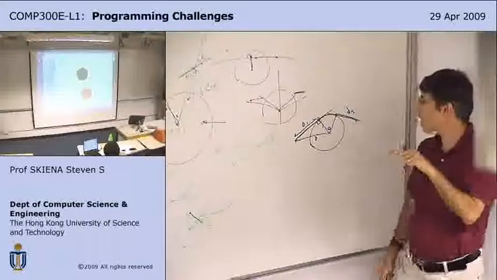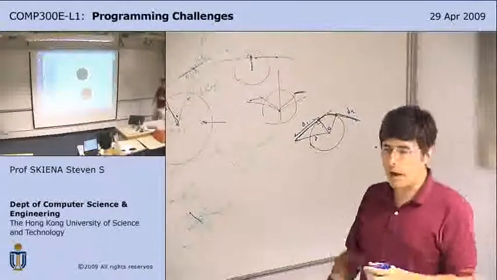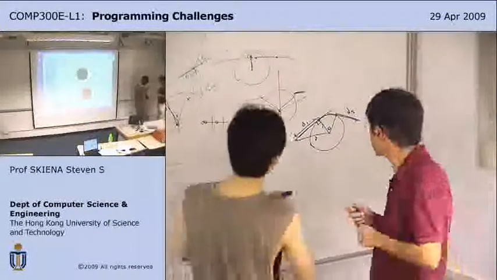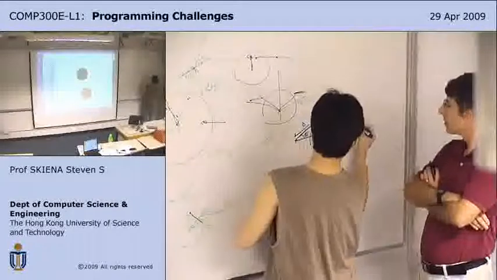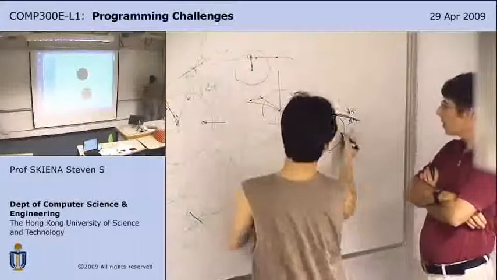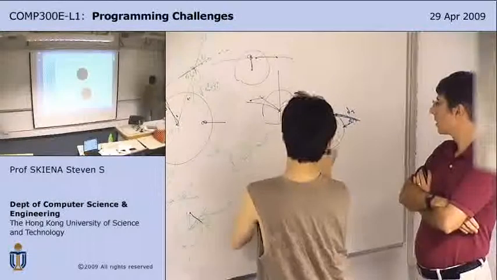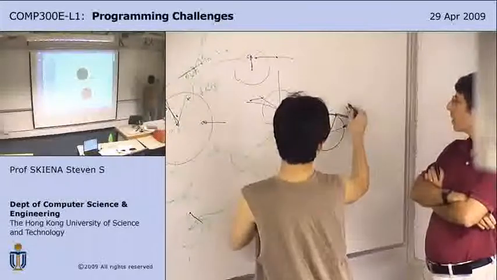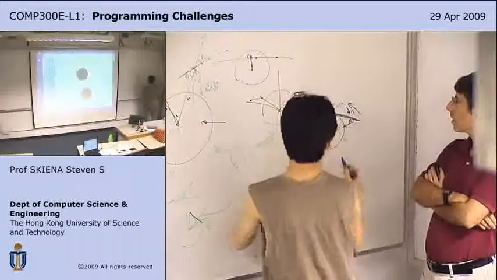How do we find out what that angle is? Use vectors. Use vectors, okay? We already knew this one, and this vector is already known. So we can compute this vector's direction, this vector's direction, and here, two vectors.